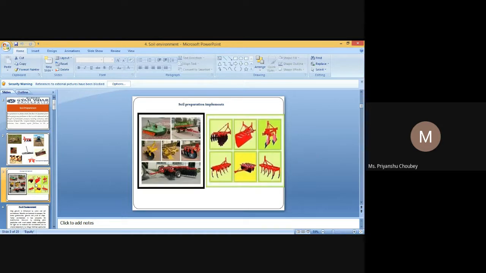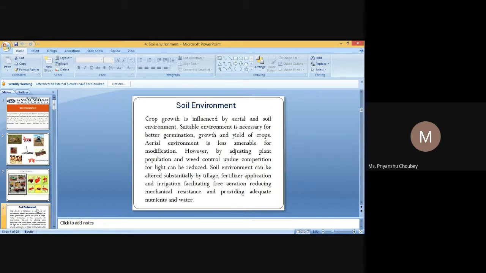Soil preparation implements like a plow, digger. Soil environment: crop growth is influenced by aerial and soil environment. A suitable environment is necessary for better germination, growth, and yield of crops. Aerial environment is less amenable for modification.